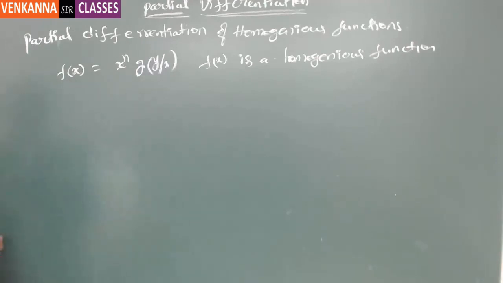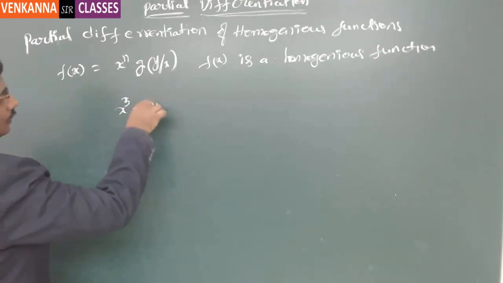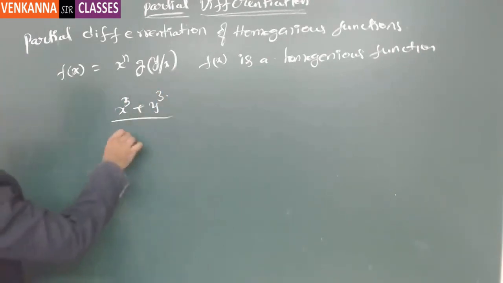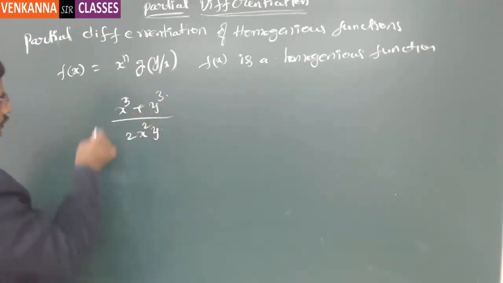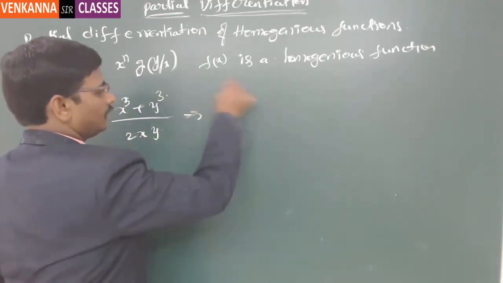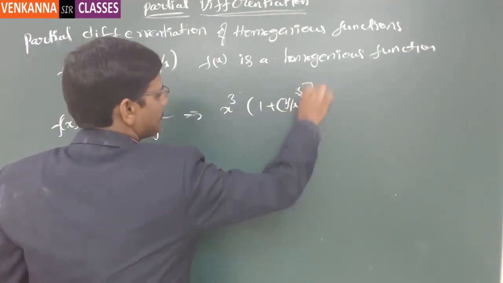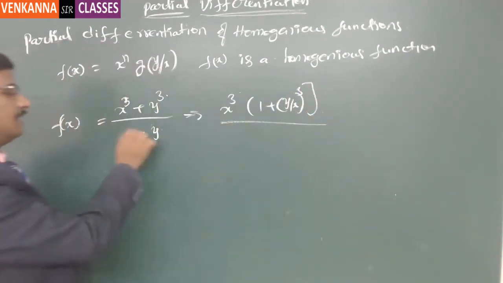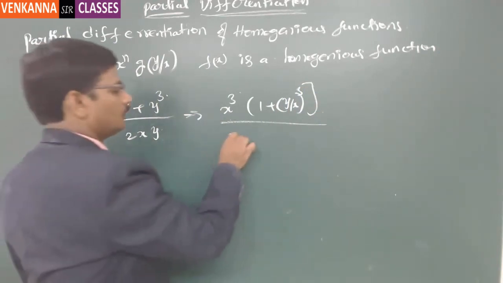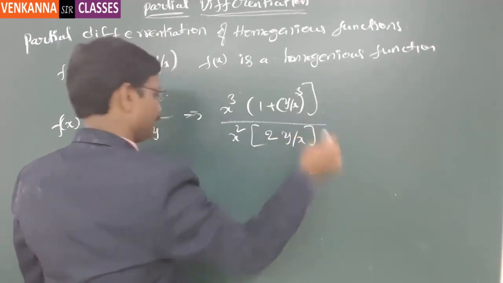If I give you an example of a homogeneous function, x cube plus y cube divided by 2x square y, or just 2xy, let us say this is f. Then this can be written as x cube you can take out, with y by x whole cube, divided by, if you take x square out, whatever is left over is 2 times y by x.